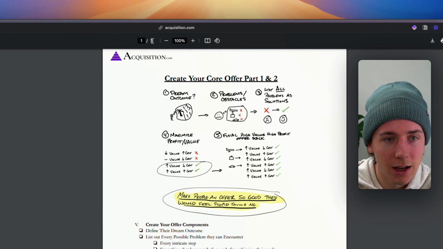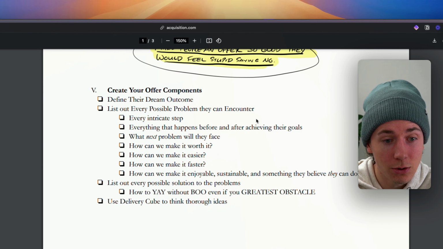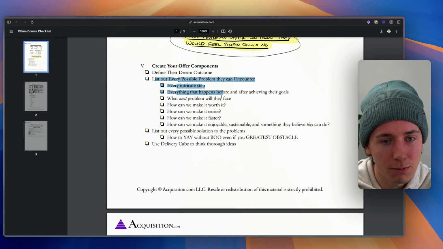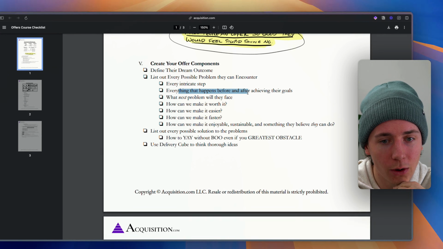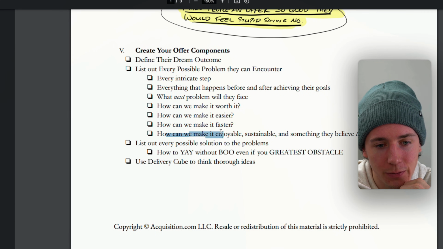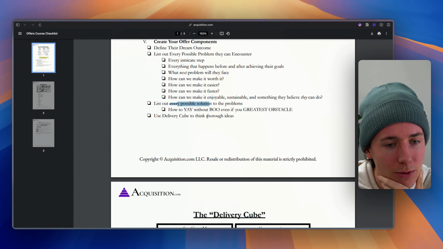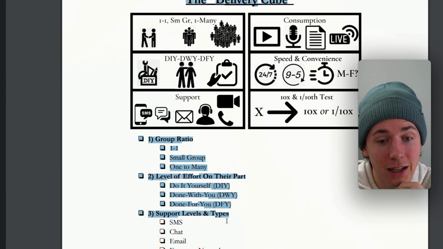So we can basically say, okay, we want to do an inbound voice receptionist agent. What are we going to do now? We're going to first define the dream outcome, then list out every potential problem they can encounter, every intricate step, everything that happens before or after they achieve their goal. How can we make it worth it, easier, faster, cheaper, maybe not cheaper, enjoyable, sustainable, and every possible solution. And then what are the different mediums of delivery?